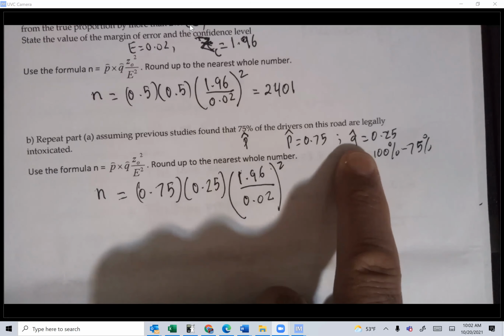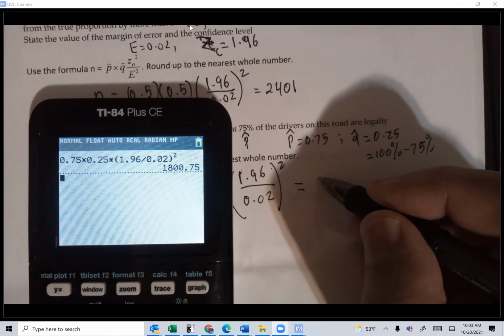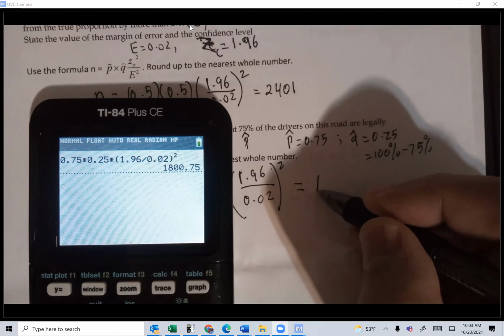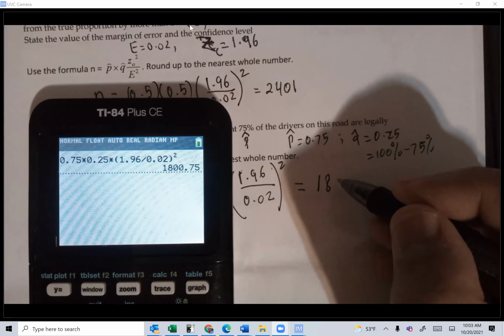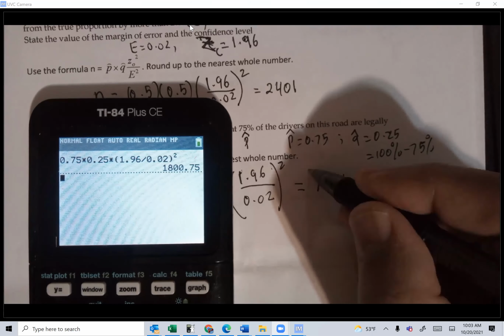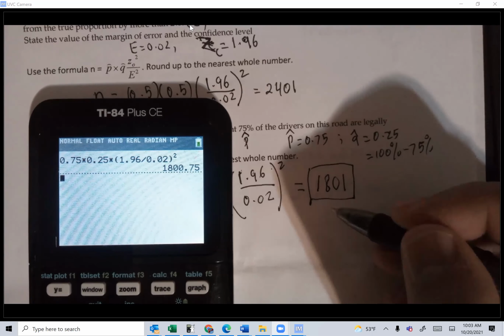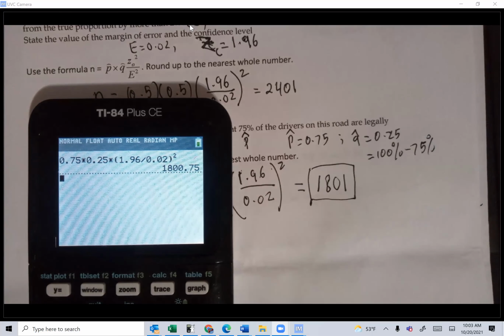Okay, what would be the sample size? Can the students tell me? Let's say that I give you this as a multiple choice question. Which answer would you choose? 1,000 and then what? 801. You have to round it up always. It's 1,801.